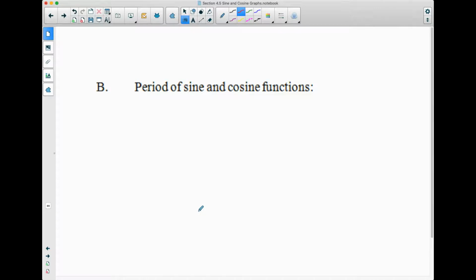So the period of sine and cosine we talked about was 2 pi. Okay? But that can change, and it can change if we have a B value. So if we have sine of 4x, B is 4, 2 pi over 4 becomes pi over 2.